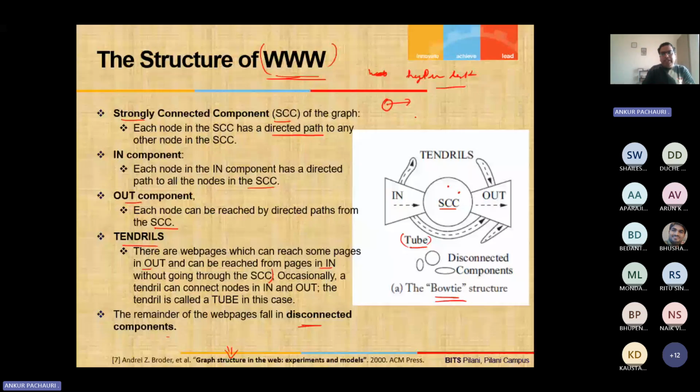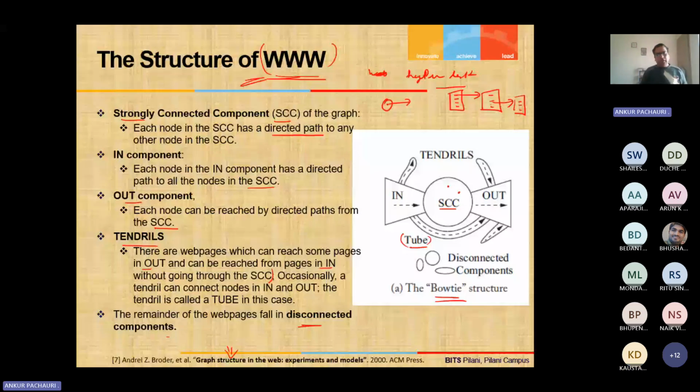That web page may contain multiple hyperlinks, so using the first hyperlink you move to the next page, and using the second hyperlink you move to another page. This is how you are performing scraping on the WWW, either in a DFS manner or, most probably, in a BFS manner. Right, sir. Thank you.